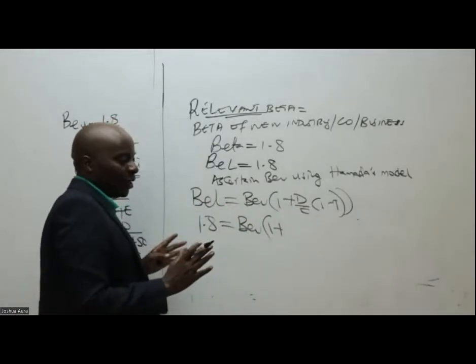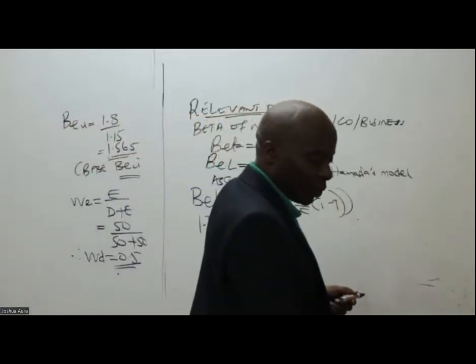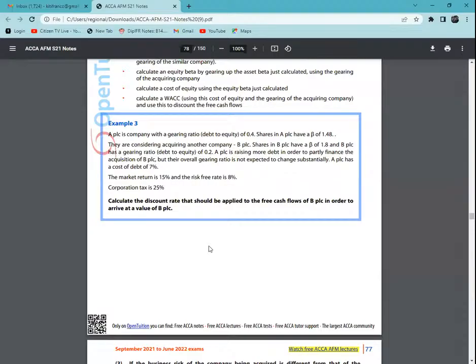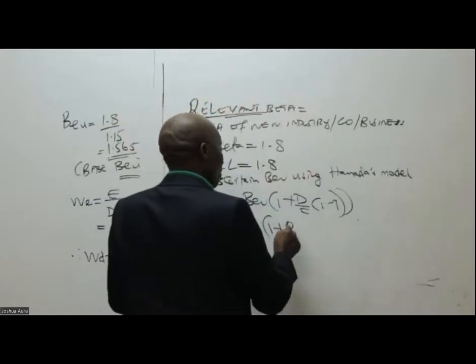In this question, they have given me the debt to equity of this new business. They've told me the debt over equity is 0.2.